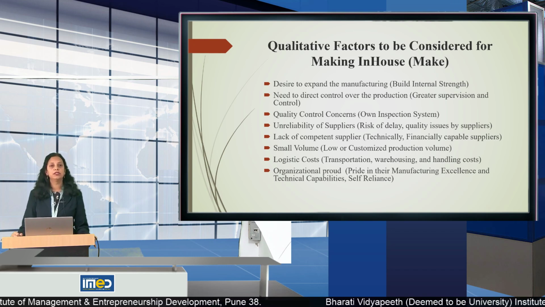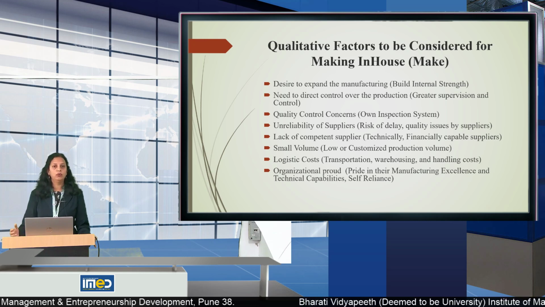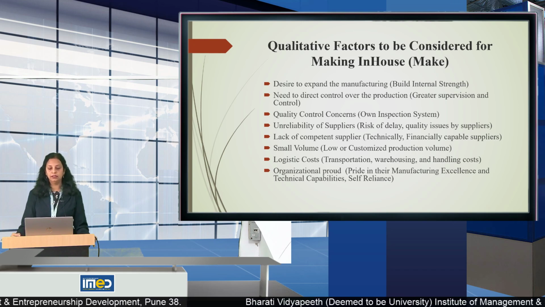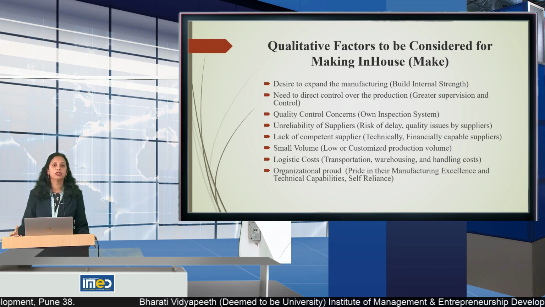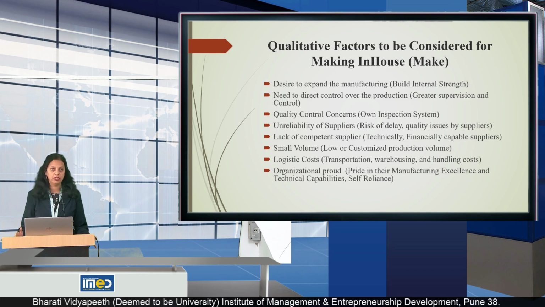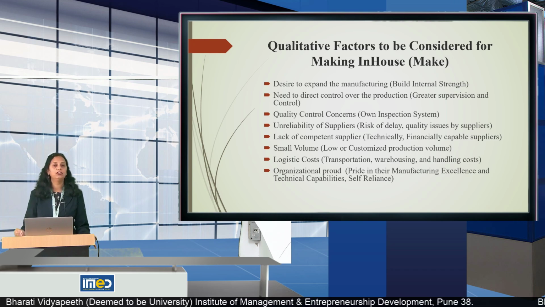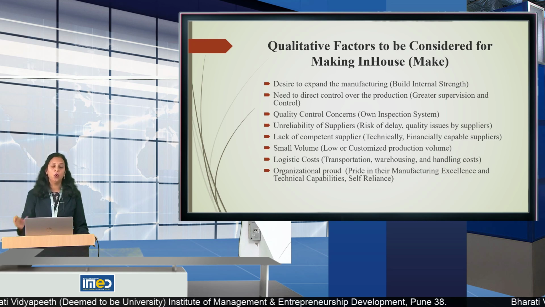Then logistic costs. When you outsource the production, you have to incur the transportation cost, warehousing cost, handling cost. And one more very important point is organizational pride. Every company gets proud in saying that we have this capacity to manufacture, or we have manufactured this component in our own plant.